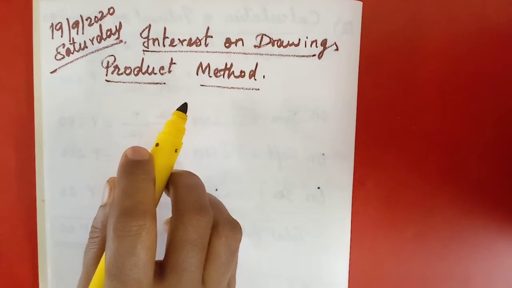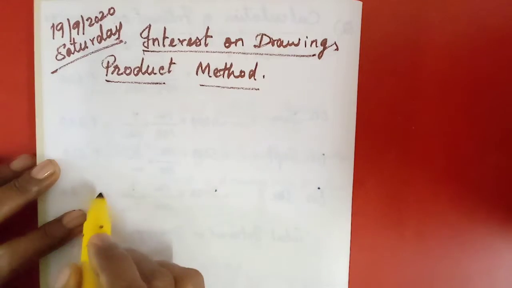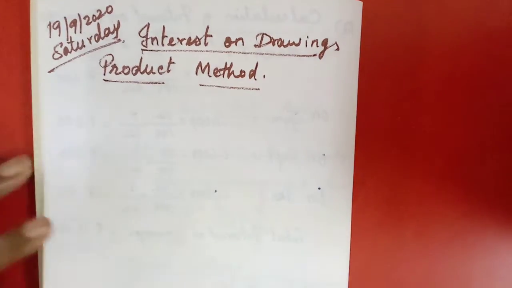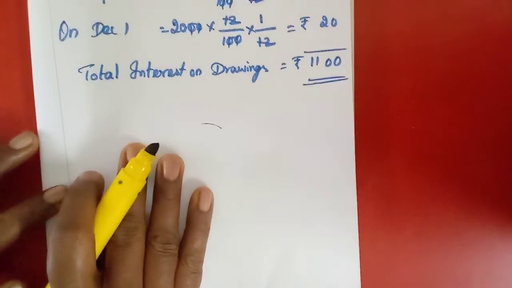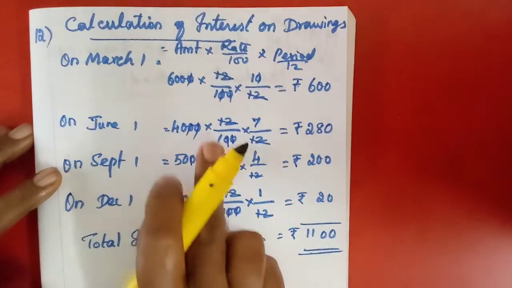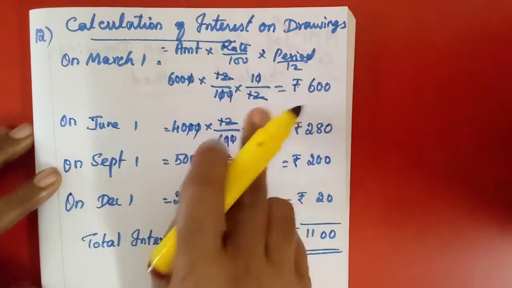What did we study in the direct method? Amount of drawings into rate of interest divided by 100 into period.